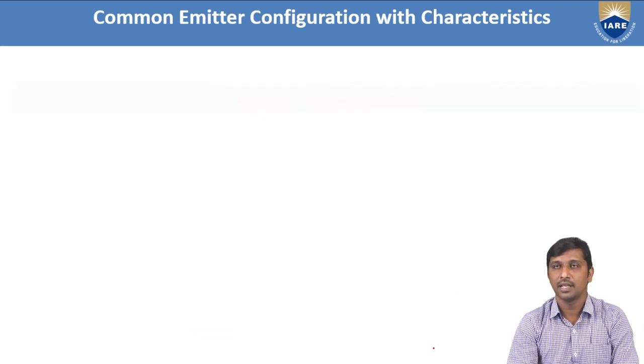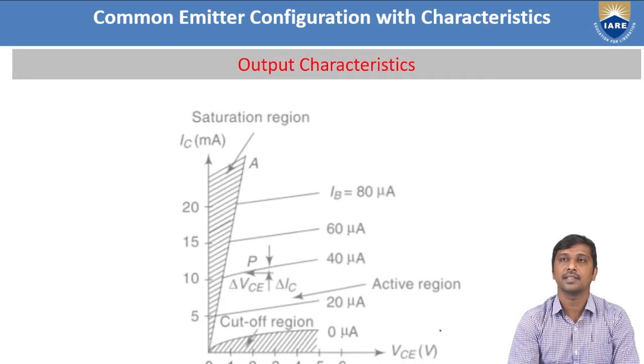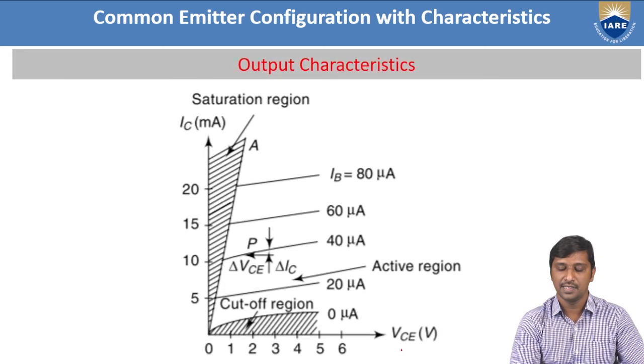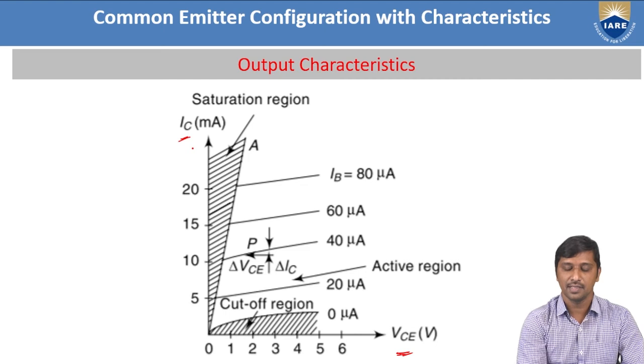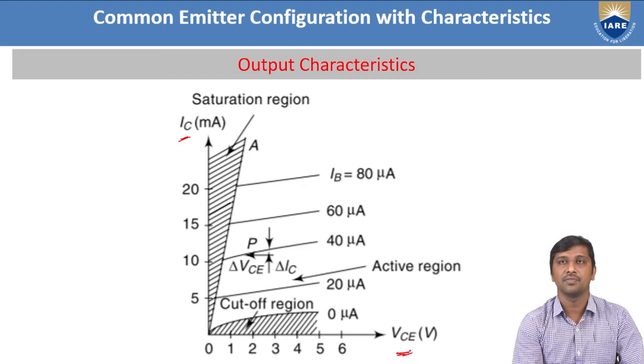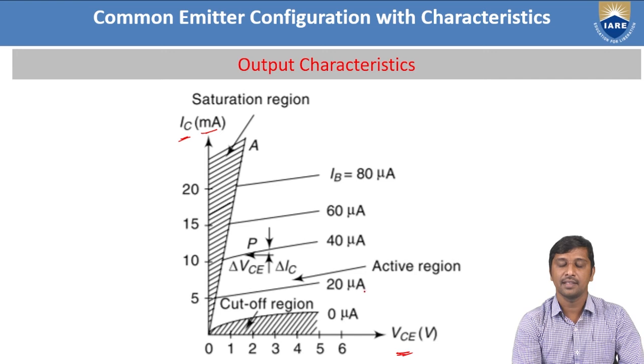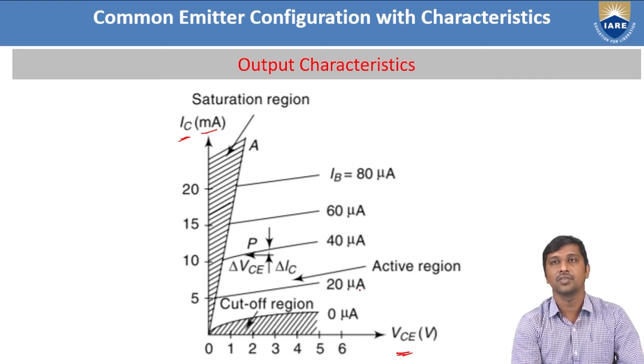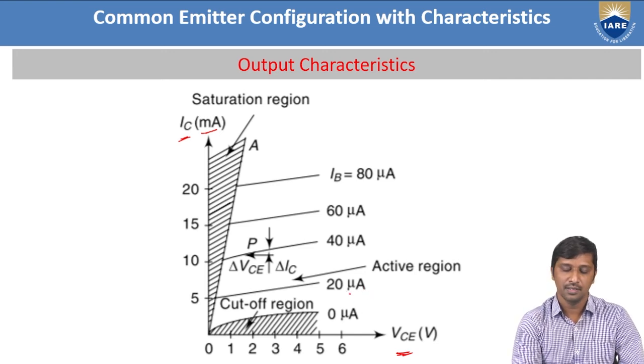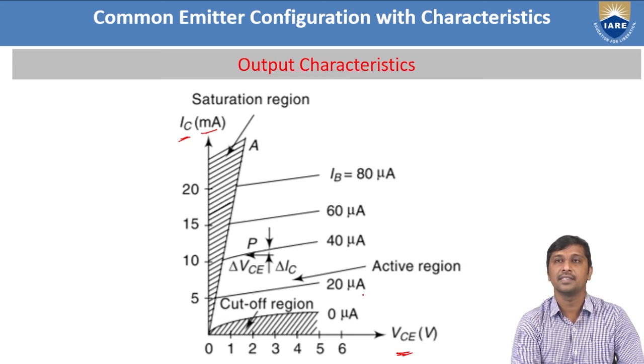Here I have shown the output characteristics between VCE and IC: the x-axis is VCE and the y-axis is the collector current, or output current, measured in milliamperes, by keeping the input current constant. This is the input current IB. Why do I represent IB in microamperes? Because the base current is very small.